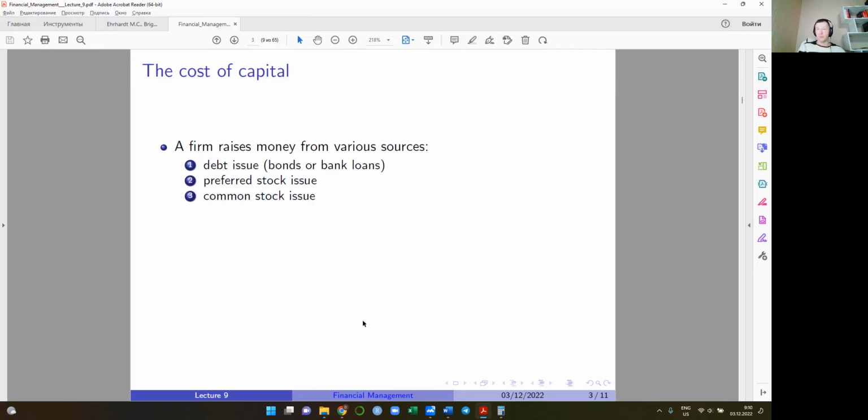Then for the firm, these two are gonna be sources of capital for investment projects. And again, everything that we are gonna discuss today is gonna be built on the discussions in lecture 4 and lecture 5 about stock and bond valuation.